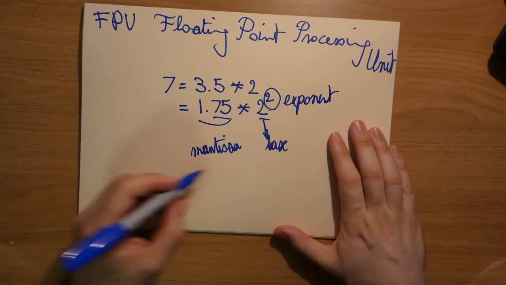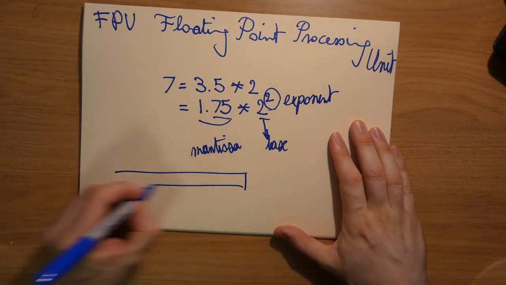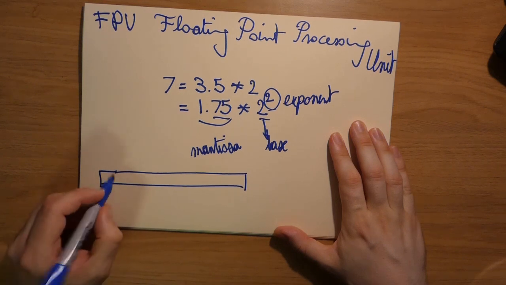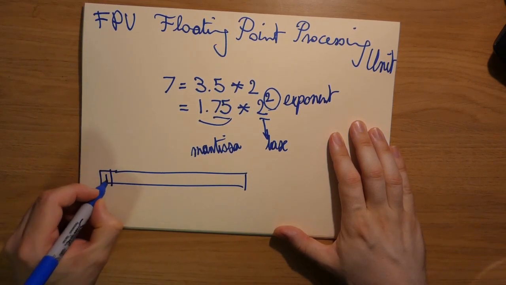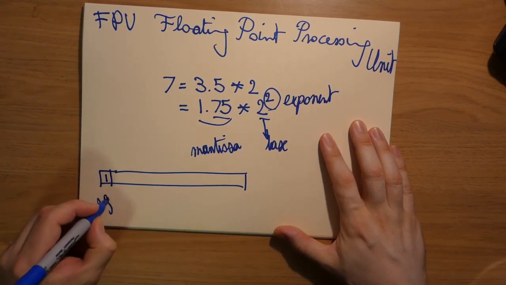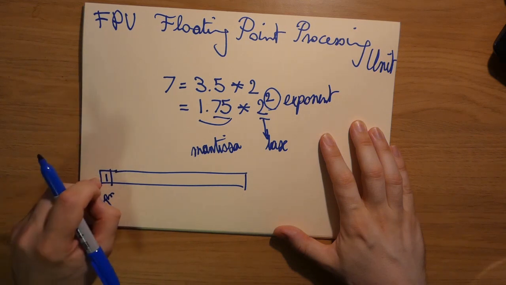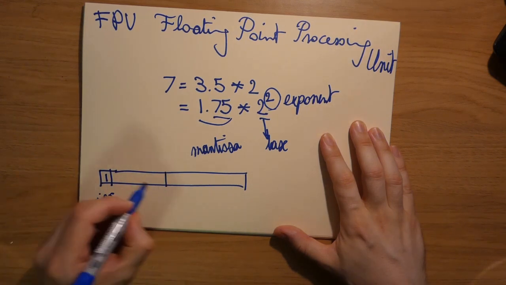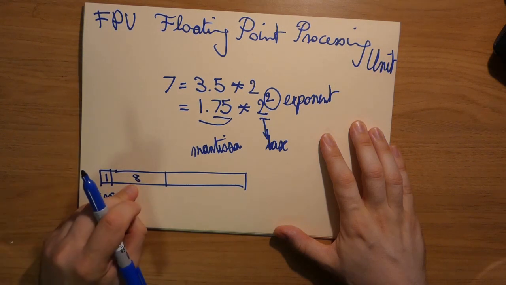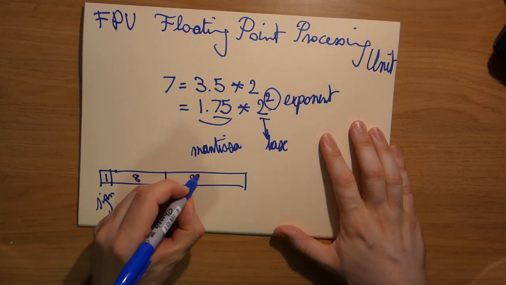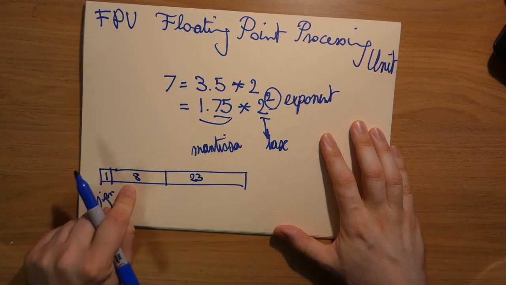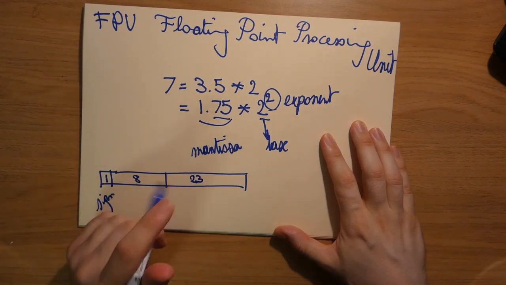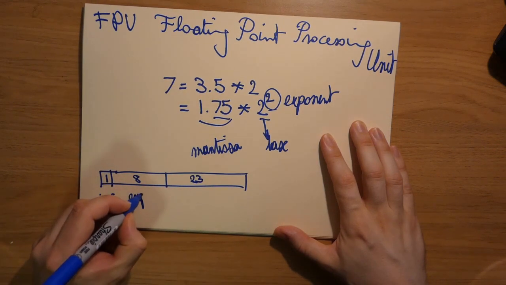If you have a 32-bit piece of memory, we use 1 bit for the sign. So this will be a 0 if it's positive. This will be a 1 if it's negative. We use 8 bits for the exponent and 23 bits for the mantissa.